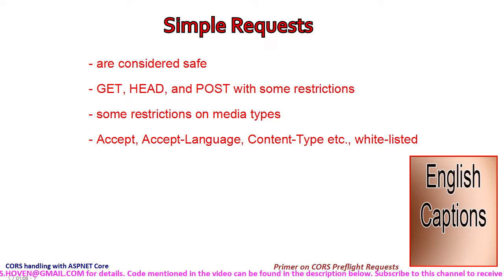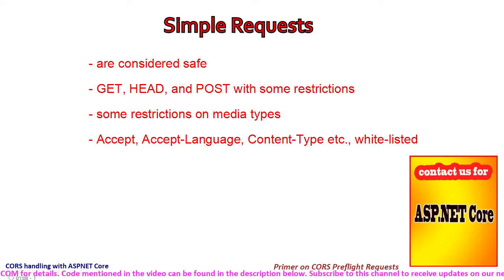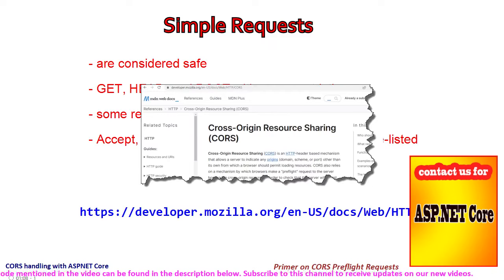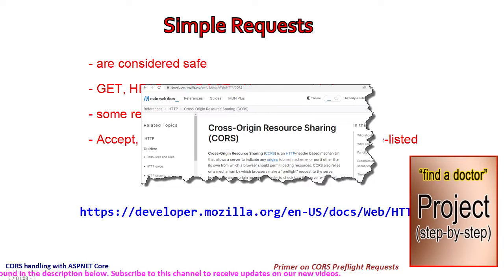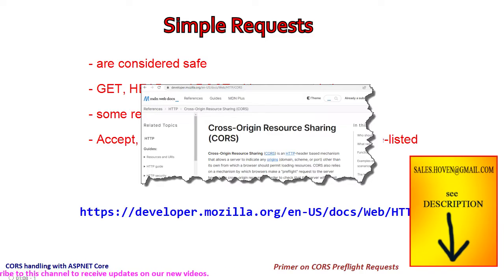Simple requests are considered safe. For complete and detailed information on safe and unsafe requests, and for a primer on pre-flight requests, please refer to the documentation on the Mozilla website also.